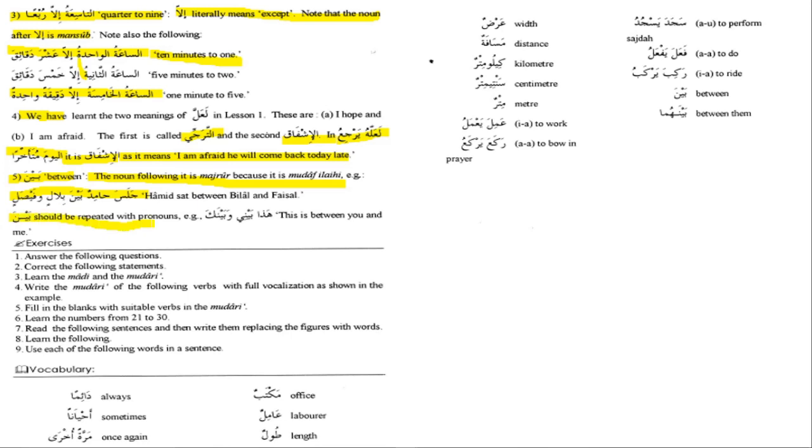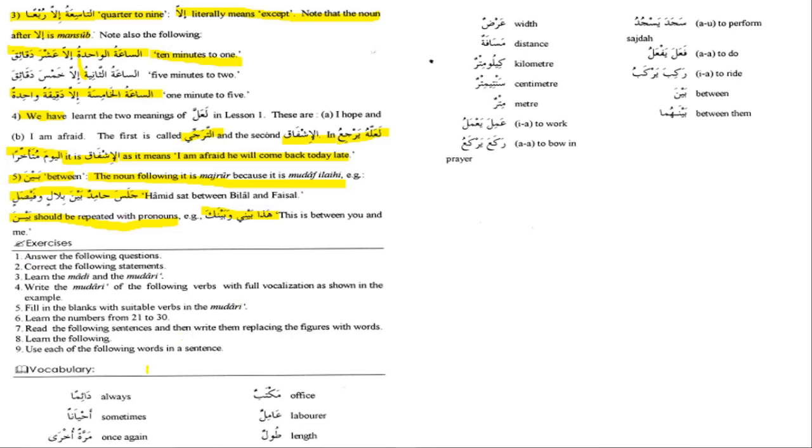Bayna should be repeated when you are using pronoun. You see, because we are mentioning the names, you said one bayna. But if you're using pronouns, you repeat the bayna before the next pronoun. So haza bayni wa baynak. This is between me and you.